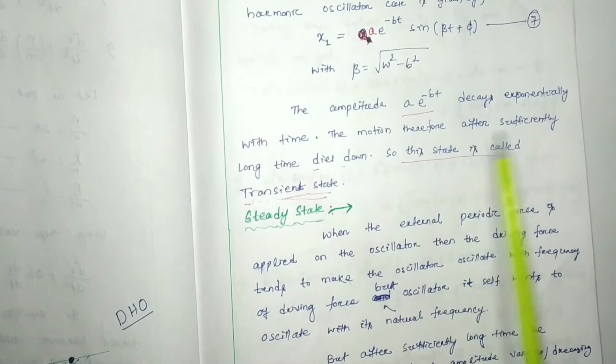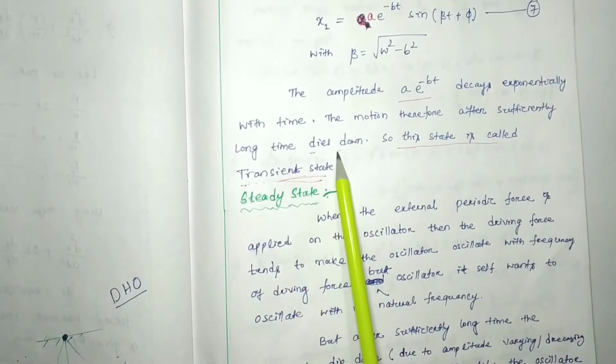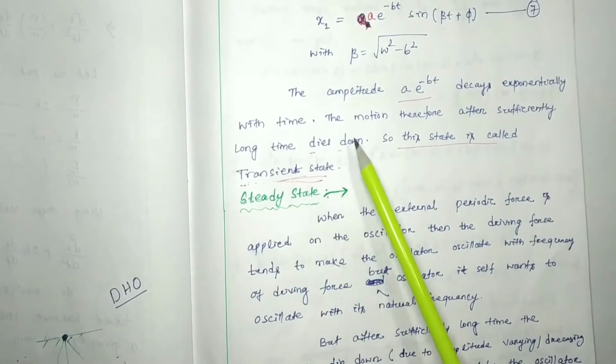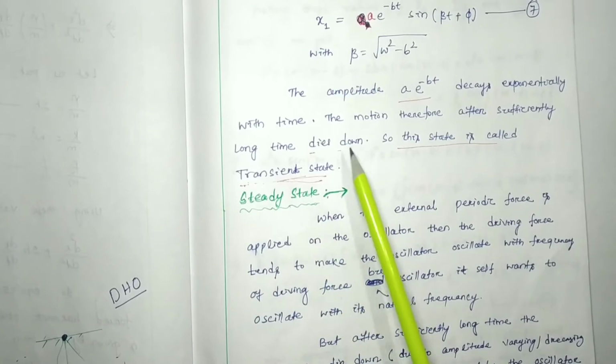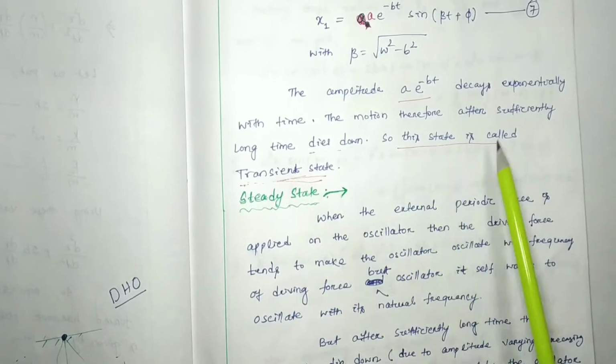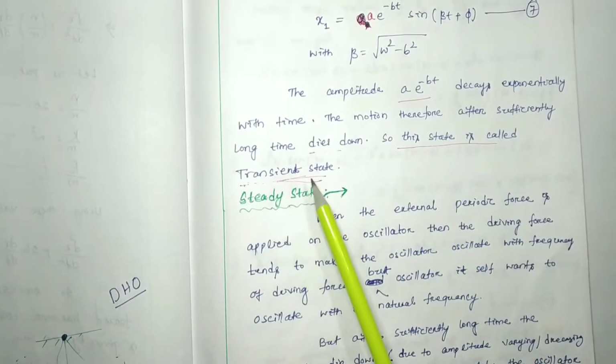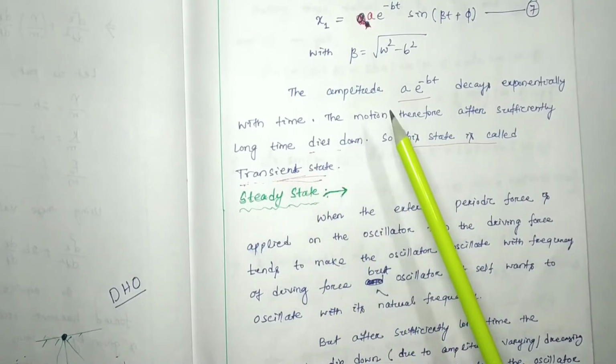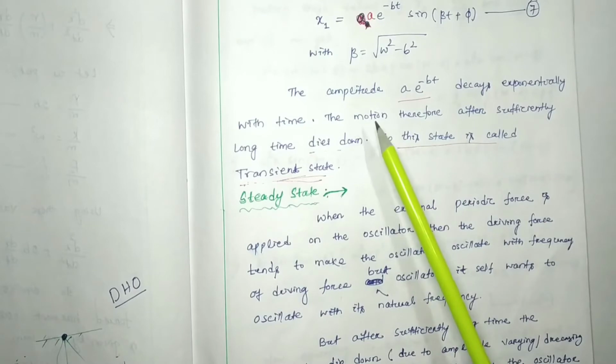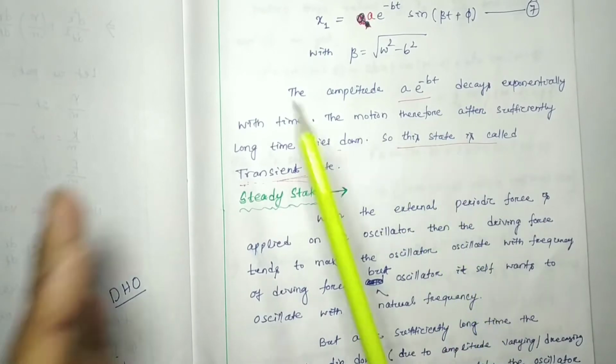The motion therefore dies down after a sufficiently long time. Dies down means it tends to stop. So this state is called the transient state. Transient state means the oscillating state transits to another state.